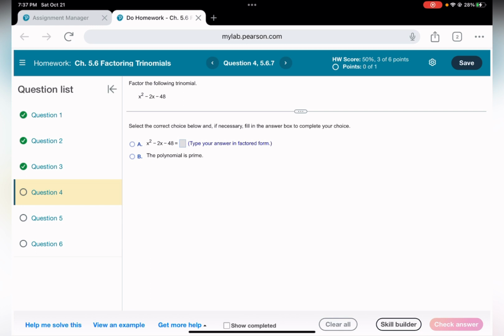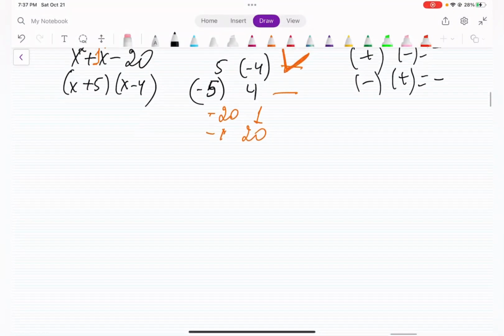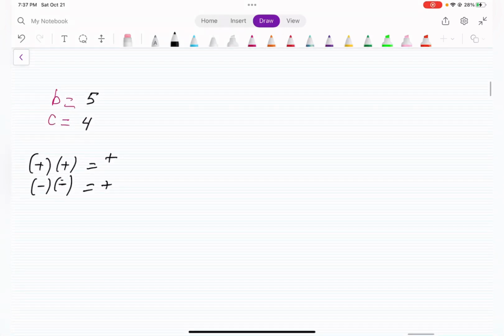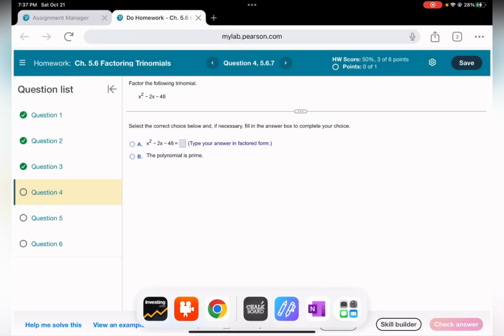Next one, number 4, x squared minus 2x minus 48.